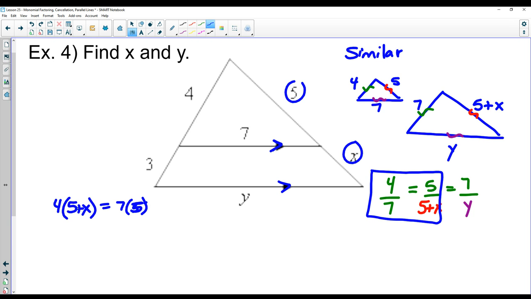Distributing on the left, we have 20 plus 4x equals 7 times 5, 35. After you subtract 20 from each side, you're going to have 15 left on the right. After you divide by 4 on both sides, we have x equals 15 fourths.